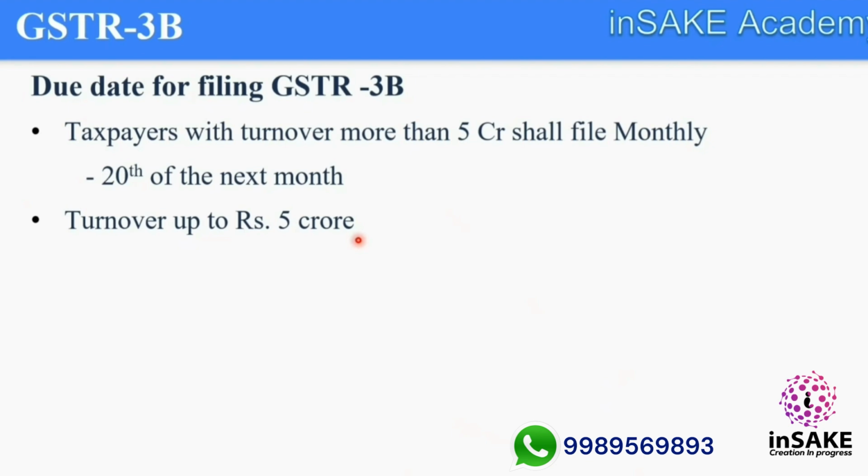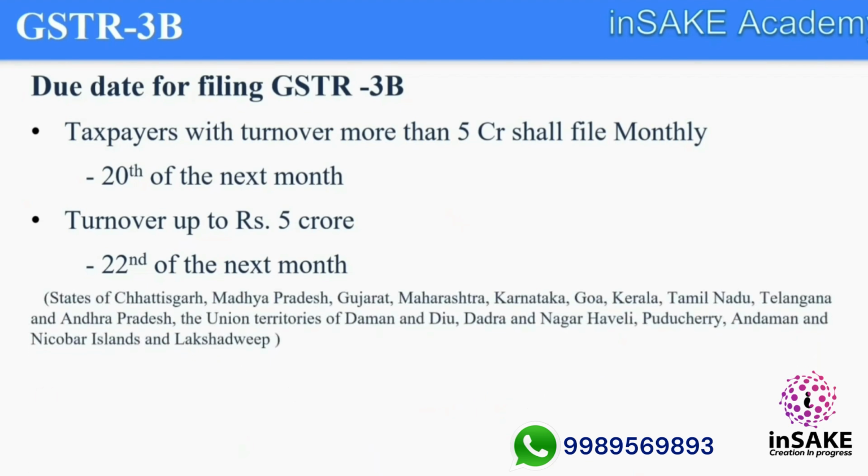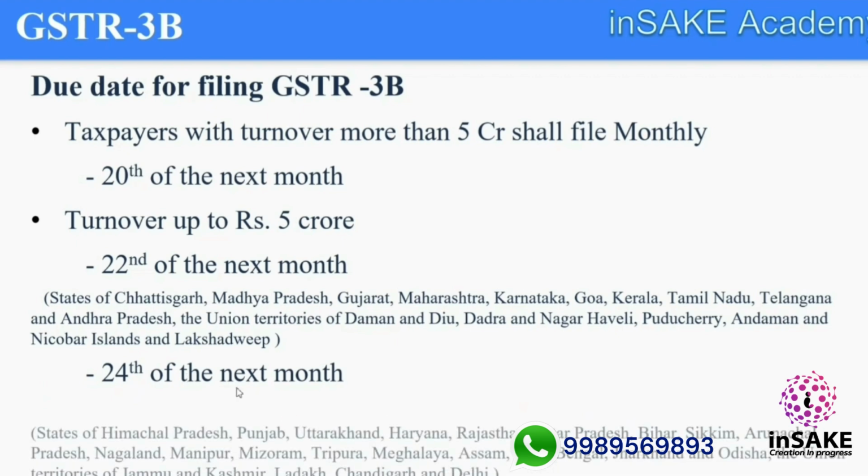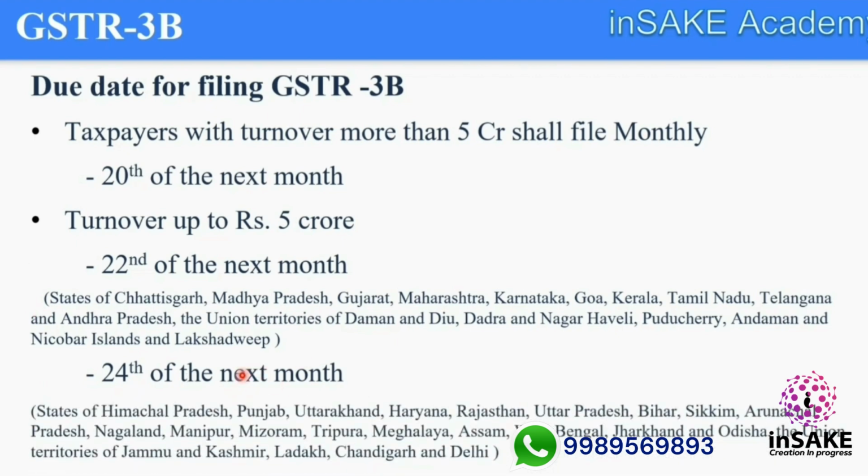If they opted for the quarterly return and monthly payment, it is the 22nd of the next month for certain states. And if it belongs to the northeastern states and some specific states, it is the 24th of the next month. These include Himachal Pradesh, Punjab, Uttarakhand, Haryana, Rajasthan, UP, and Sikkim, Arunachal, Nagaland, Manipur.